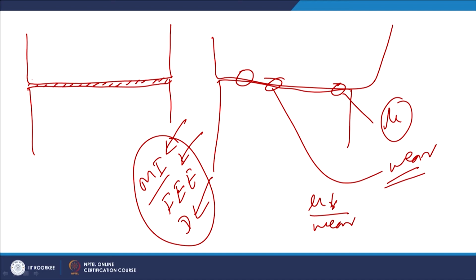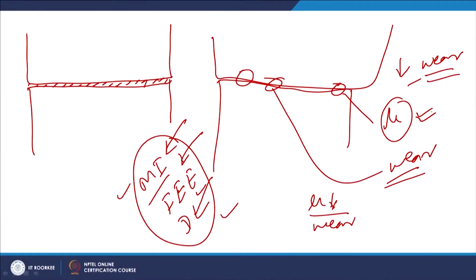So, the two components will not be in direct metal to metal contact, but contact will exist through some kind of lubrication, and this will significantly resist the mechanical interlocking, free electron exchange and the diffusion, which in turn will help in reducing the friction as well as wear. This will be the situation where good lubrication exists between the mating components, but if there is a loss of lubrication or if the sliding is taking place under dry conditions, then certainly all these phenomena will be present.